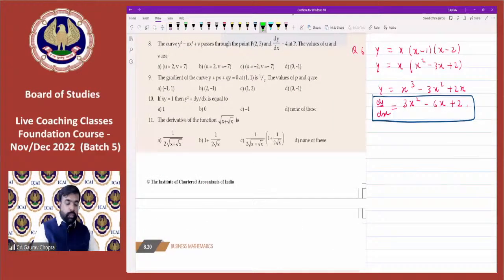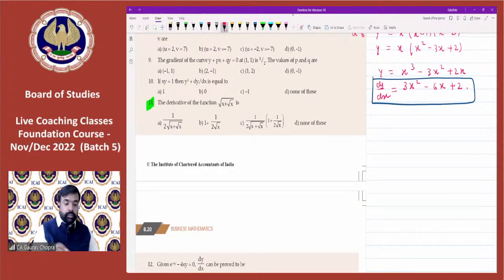Then let's solve question number 11. Question number 11 says the derivative of the function is. So we have to simply find the derivative of this function. Root of x plus root of x.